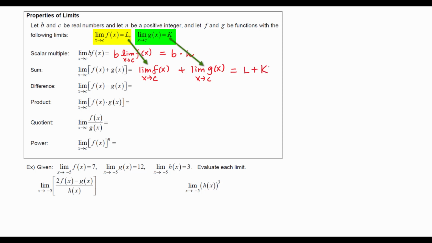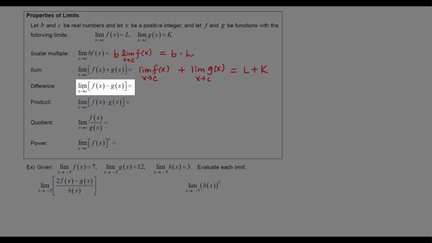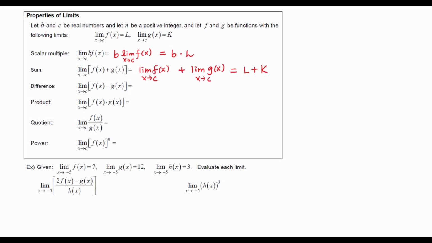So you can just add those two limits. Similarly, if it was a difference, f of x minus g of x, then the limit as x approaches c would be equal to the limit of f of x minus the limit of g of x, which is equal to L minus k.